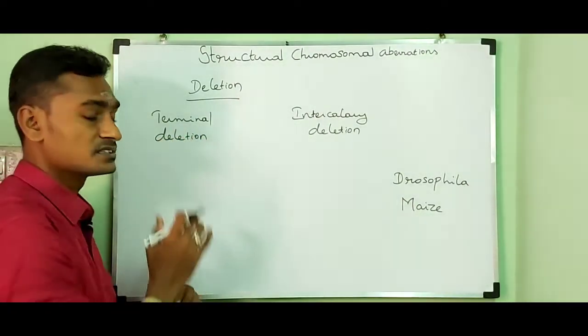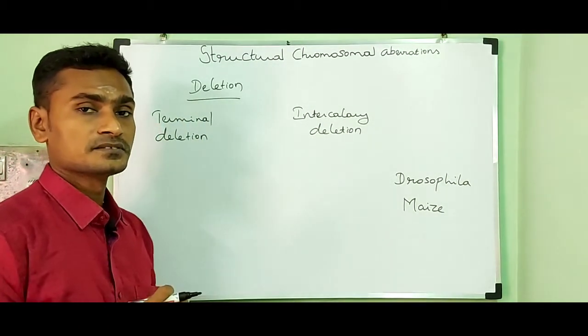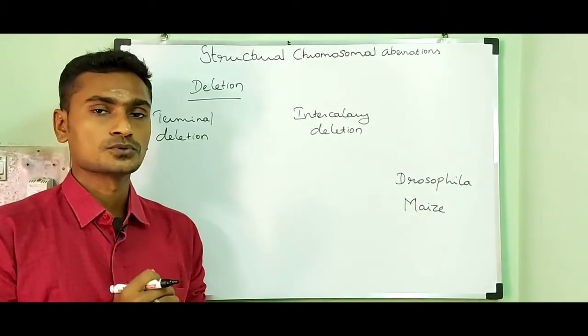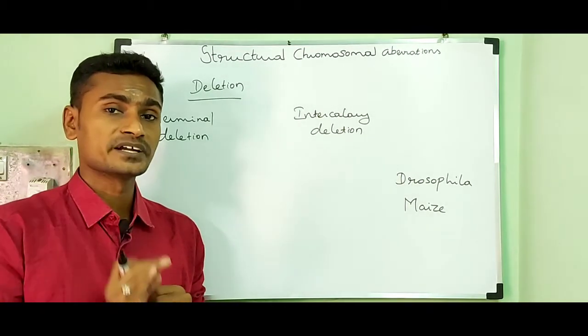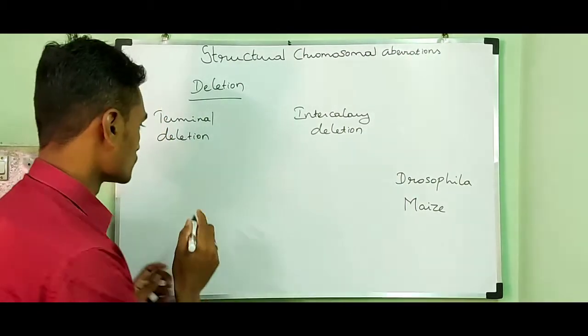Terminal deletion means the deletion occurs at the end of the chromosome, and it makes a single break on the chromosome.